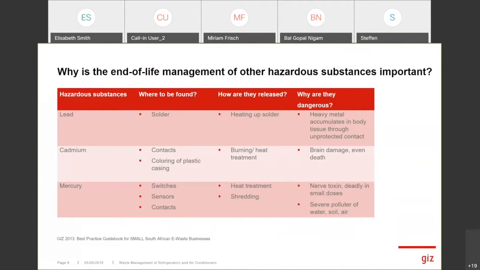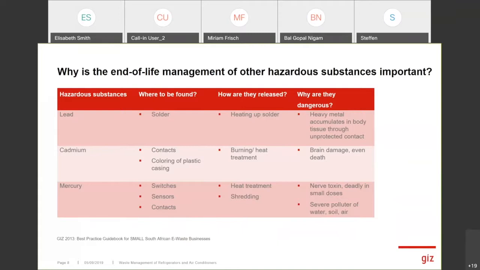It is found in solder for electrical and electronic components, for example, and during treatment it is released by heating up the solder. It is very dangerous because it is a heavy metal that accumulates in body tissue through unprotected contact. But I think this is well known by most engineers worldwide.